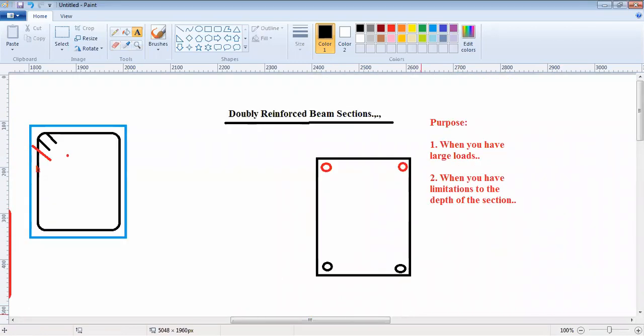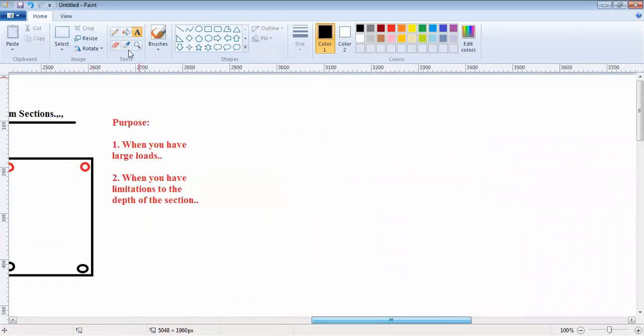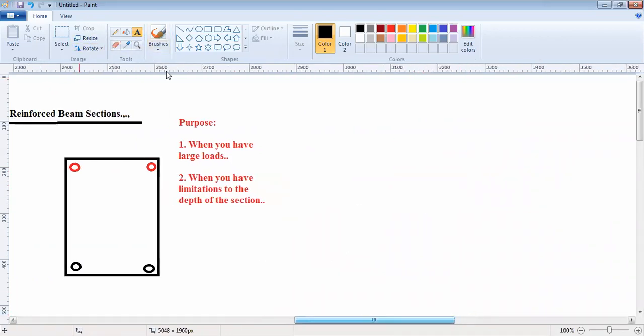Now, what do we do in a doubly reinforced section? Now you have both compression and tension stresses. We have already talked about this.